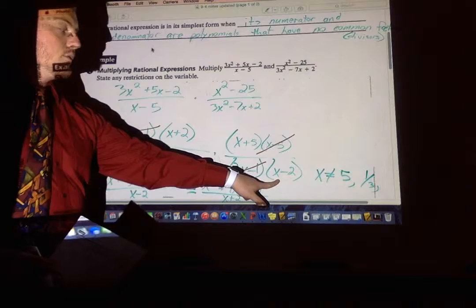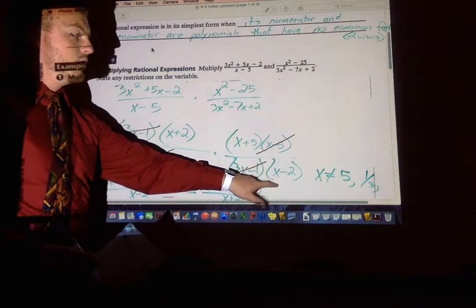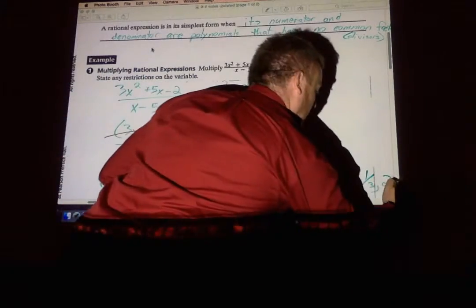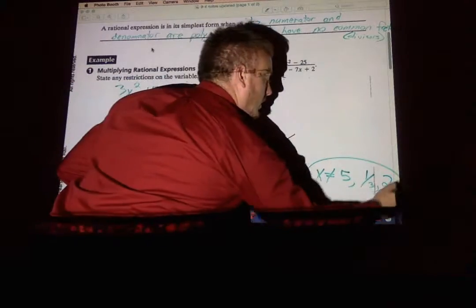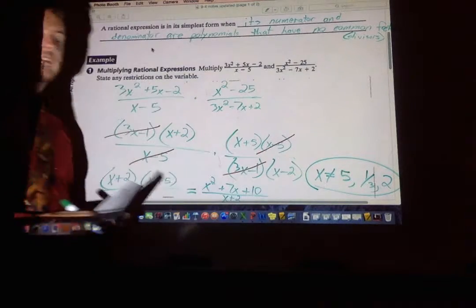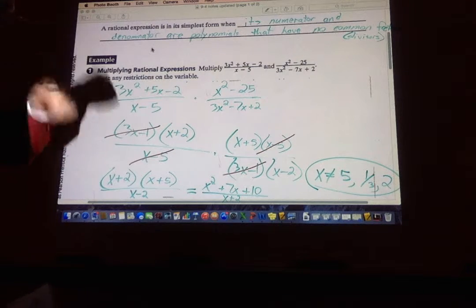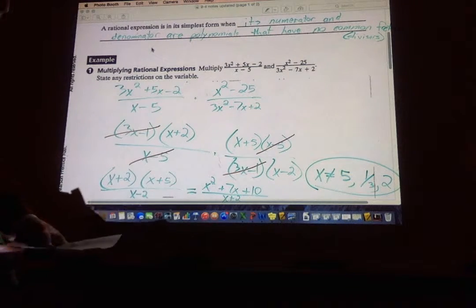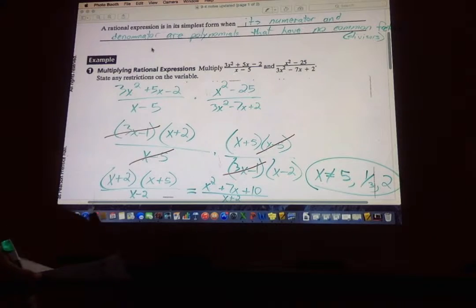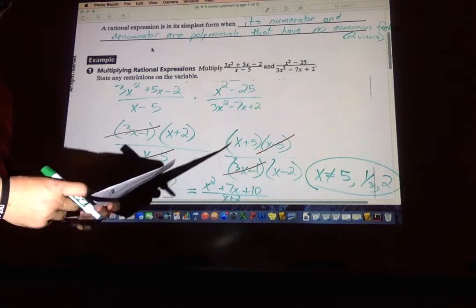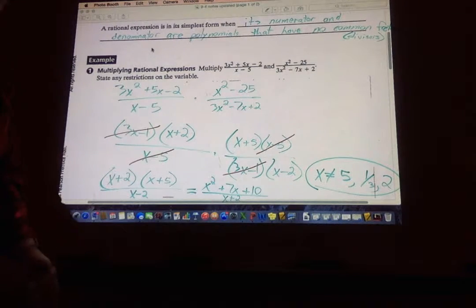And this one will get me 2. So 2 will also not be allowed. All right? So each of those are values that will make the denominator equal to 0. So those are all on my list of things that x cannot be. Those are all your restrictions. All right. Try check understanding number 1 on your own.